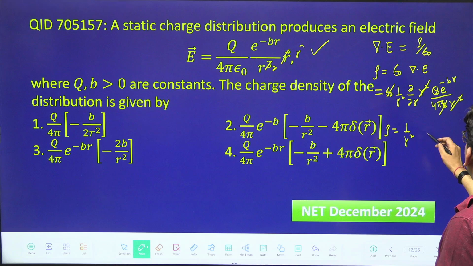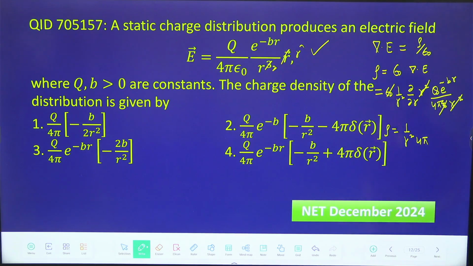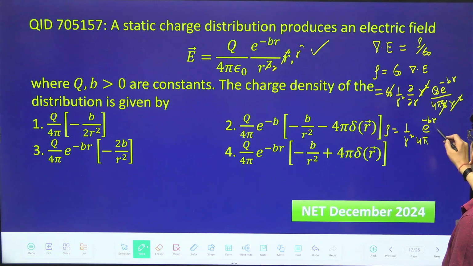Differentiate this, it will become 1 by r square and 4 pi will come, and when you differentiate this you will get e to the power minus br and then minus b. Okay, this is what we get.